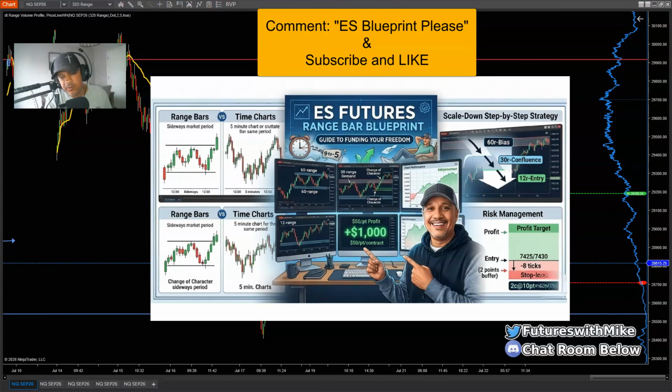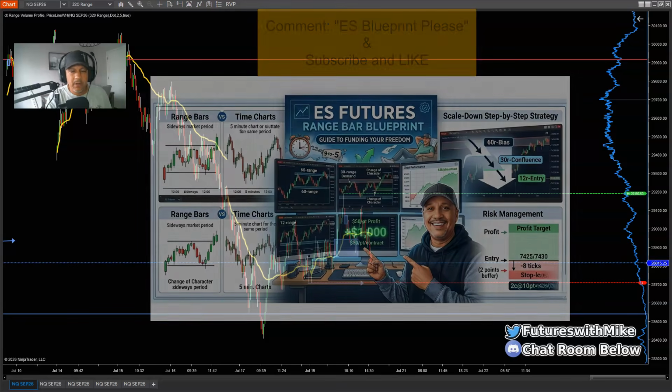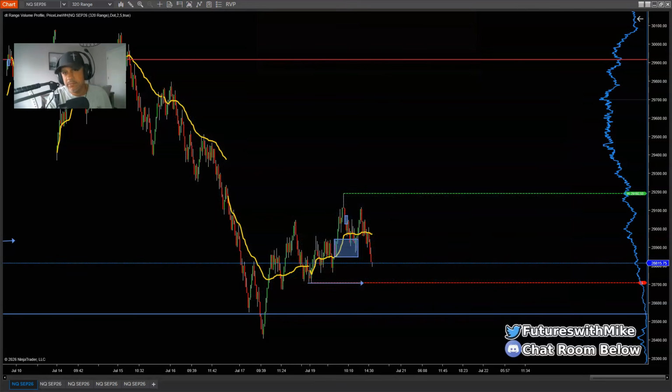Not just the way I do, but the way that so many other people who are part of our Discord community are using the strategy to actually take payouts from their prop firm, the prop firms that they're using and have gotten funded with. They're taking payouts. Some people are using the same strategy to actually trade live.